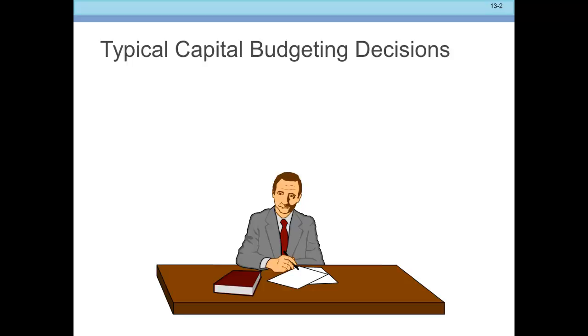Capital budget analysis can be used for any decision that involves an outlay now in order to obtain some future return. Some typical capital budgeting decisions might include asking if we should purchase new equipment to replace an old machine, which would reduce costs. Or should we expand our plant to increase capacity or sales?